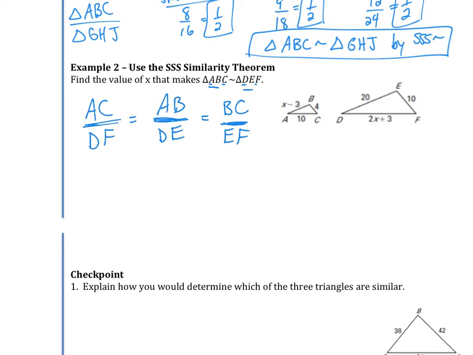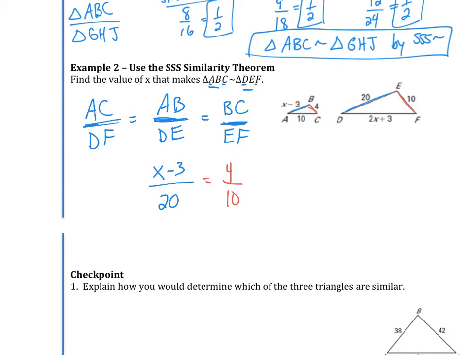Now we have to figure out, we're solving for x. AB is x minus 3, so we fill that in for AB. DE is 20, BC is 4, and EF is 10.